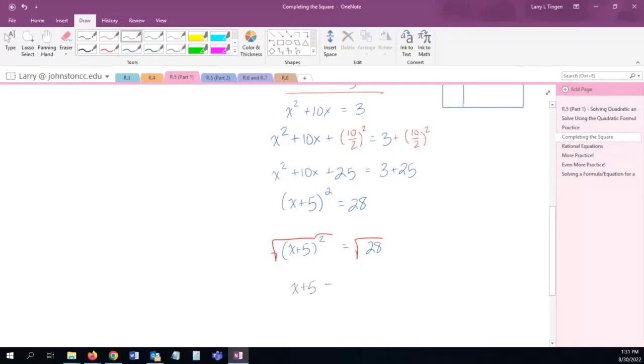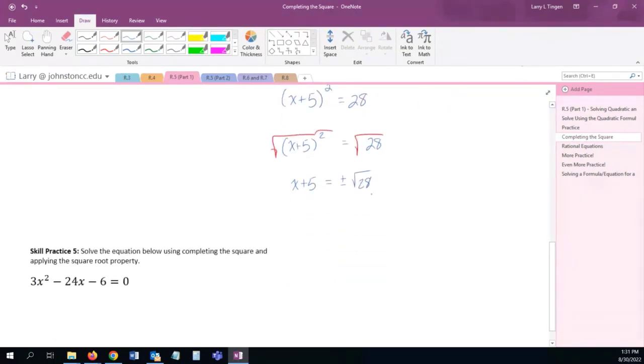I'm only dealing with x plus 5. But on the right, it's plus or minus the square root of 28. Does 28 have a perfect square in it? Yes, it does. 28 is 4 times 7. The square root of 4 is 2. So this is plus or minus 2 times the square root of 7.